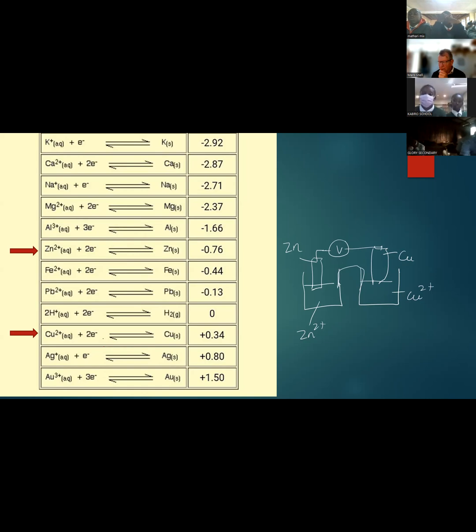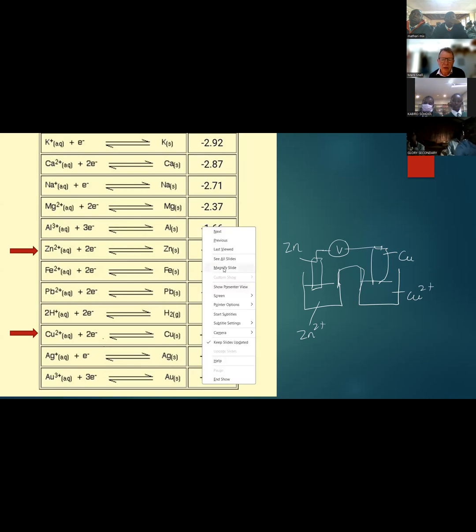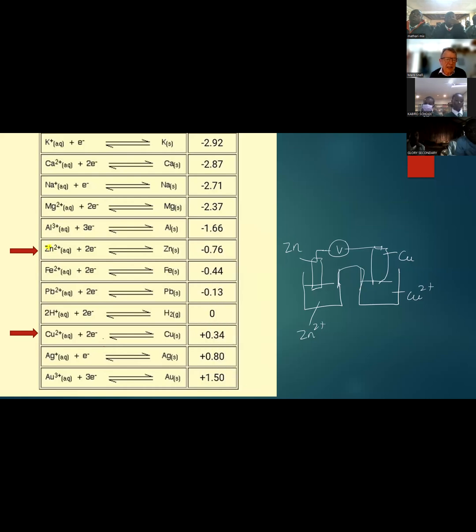Now, look at these numbers here. Look at the electrode potentials. Let me just get my pointer on. Zinc here, Zn2+ turning into zinc, is negative 0.76.